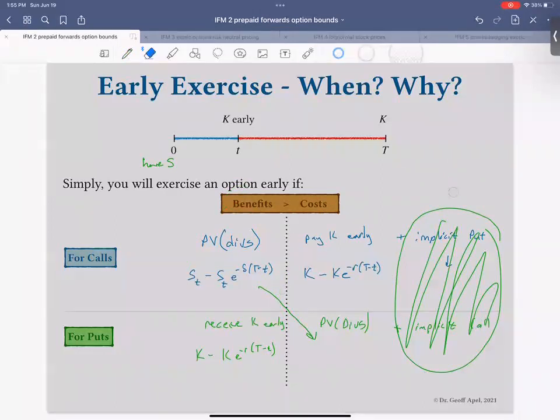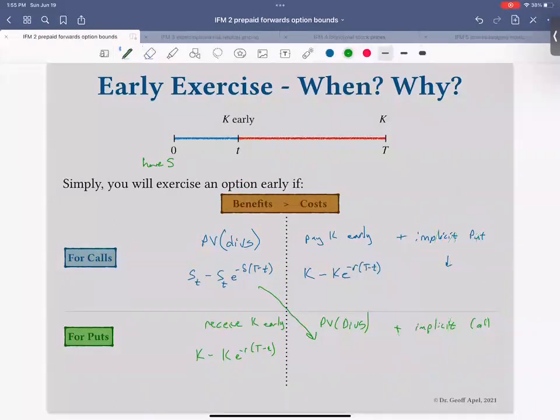The other thing I just wanted to bring out is that you've probably heard that for no dividends, an American call equals a European call, right? So this screen actually shows us why that's the case.